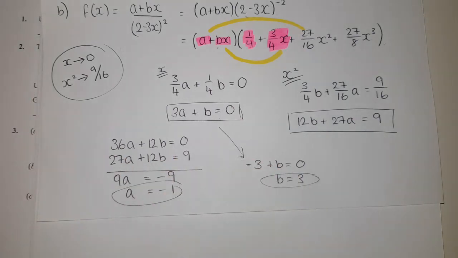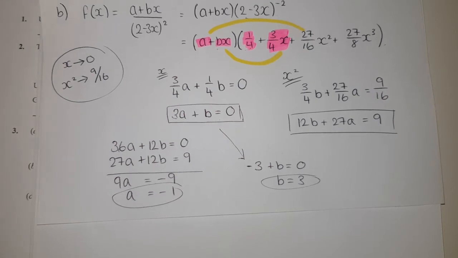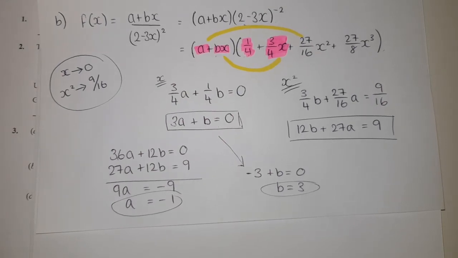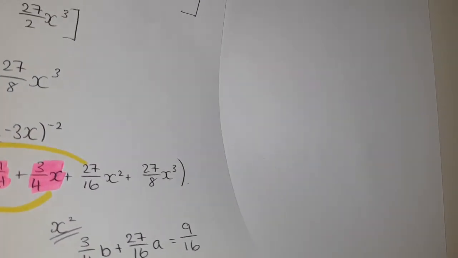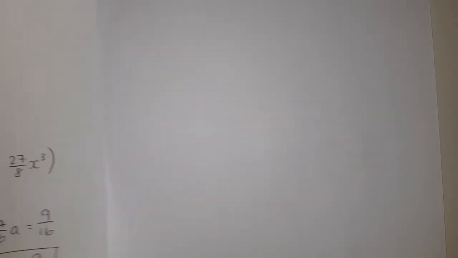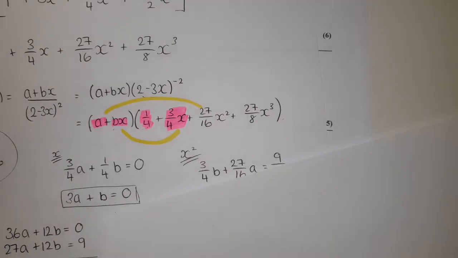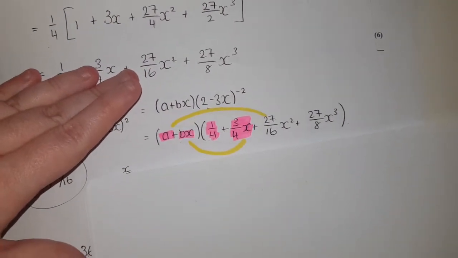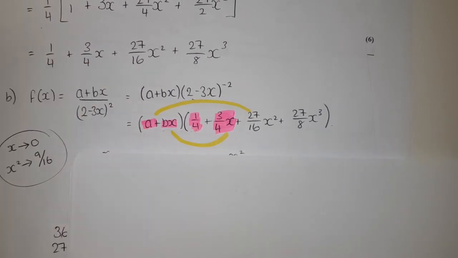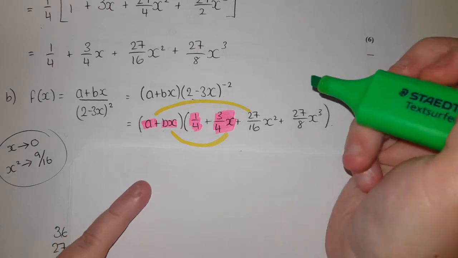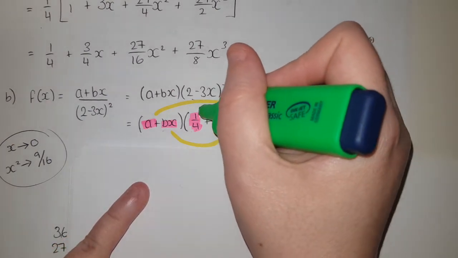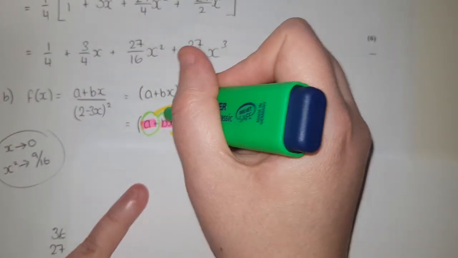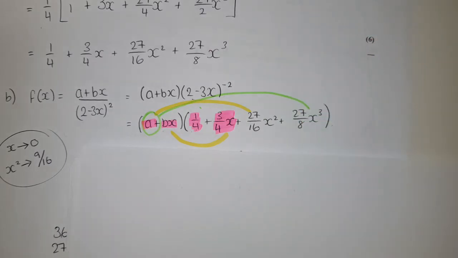All right. The last part of this wants us to find the coefficient of x cubed in this expansion. To create the x cubed term, you take a constant multiplied by an x cubed term.